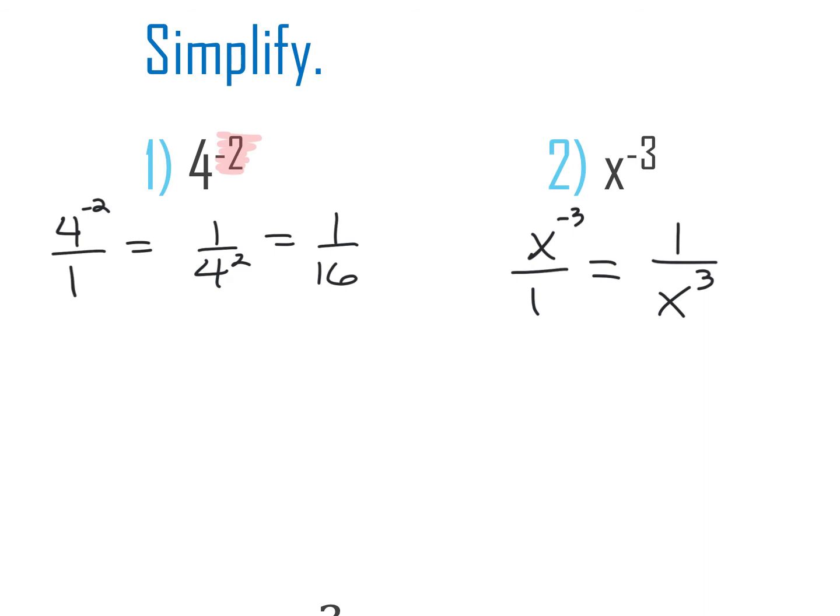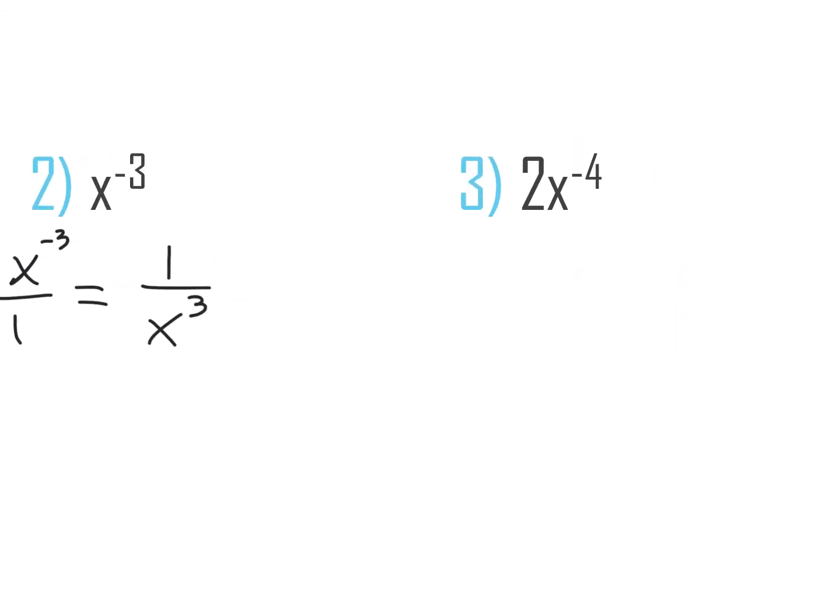Now the next one, be very careful. Notice this negative 4 power is only on the x. It is not on the 2. So the only thing that's going to move to the denominator is the x. The 2 is going to stay in the numerator, and the x will move to the denominator.